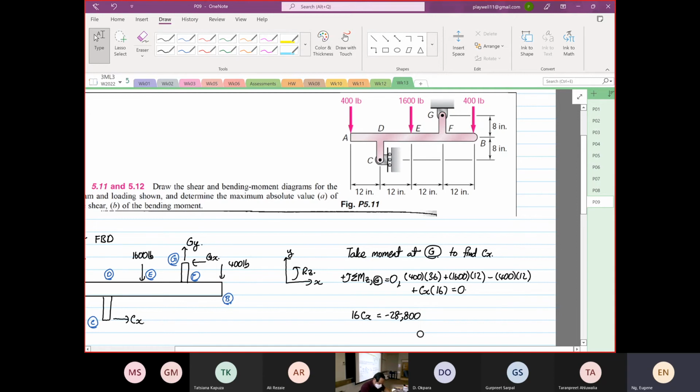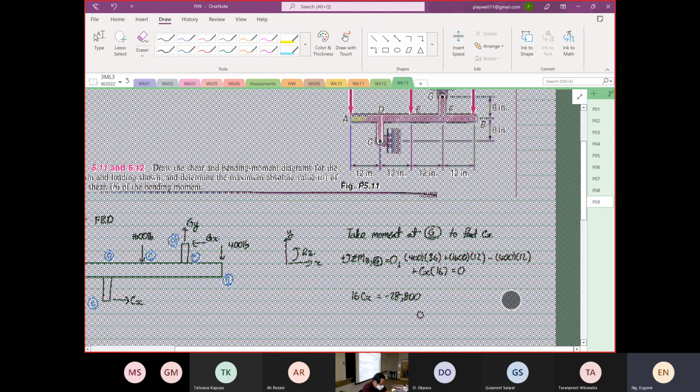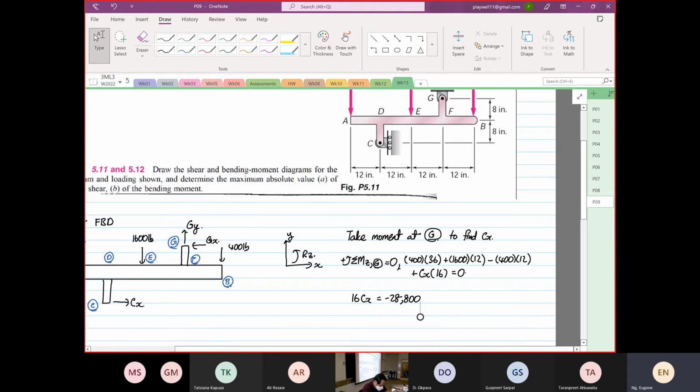Okay, 28800. So it's positive or big. So Cx is equal to 28800 divided by 16 is equal to 1800.